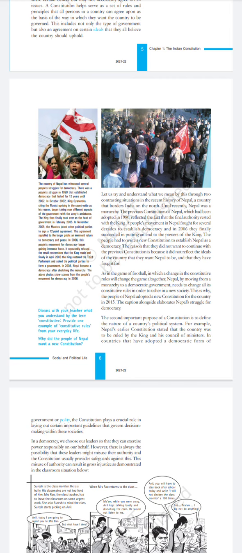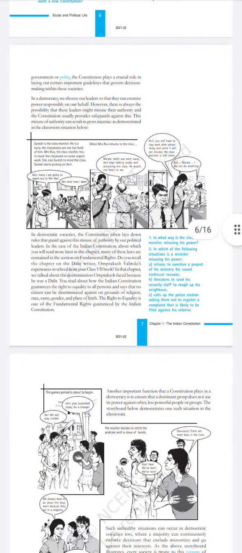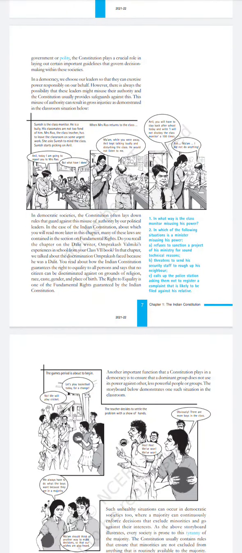The second important purpose of a constitution is to define the nature of a country's political system. For example, Nepal's earlier constitution stated that the country was to be ruled by the king and his council of ministers. In countries that have adopted a democratic form of government or polity, the constitution plays a crucial role in laying out certain important guidelines that govern decision making within these societies.